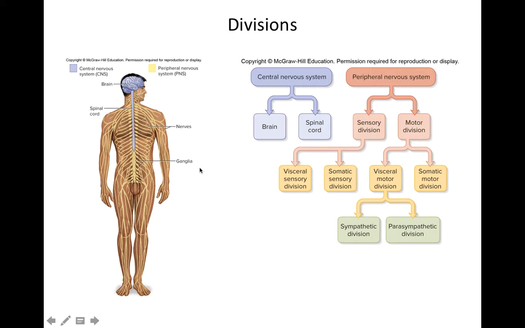Because all of these nerves are out here in your body, you're going to have information that needs to come into the central nervous system, and then there's going to be information that comes out of it. So we have multiple divisions here. In the sensory division, we have what's called a visceral sensory. This is sensory information coming in from your organs. And then a somatic sensory.